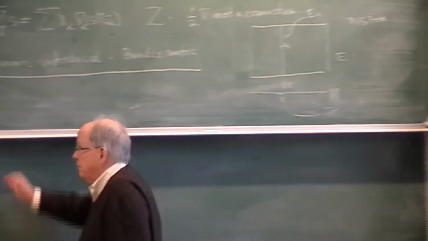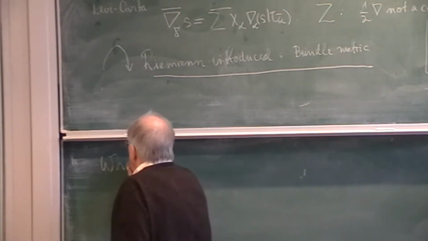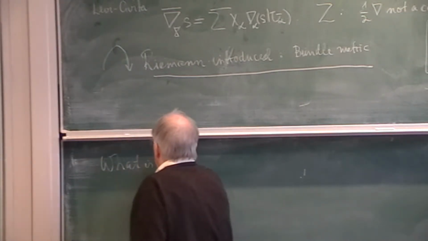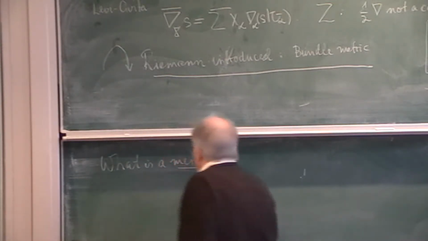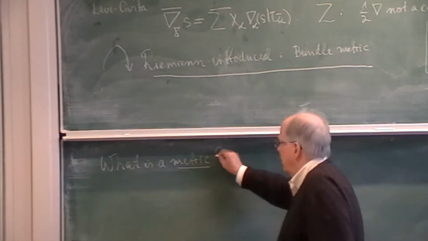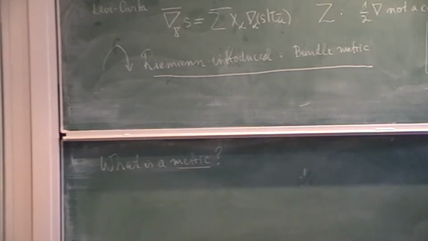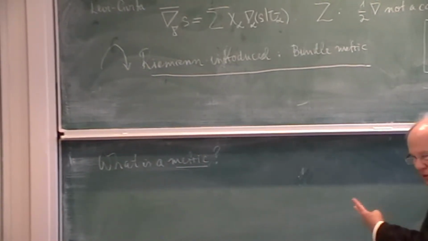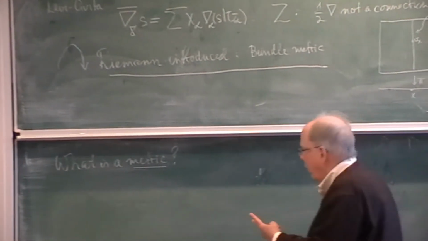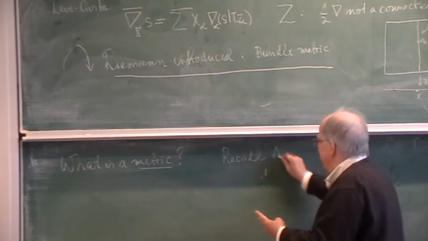Now, the question is, what is a metric? Now, the trouble is with this word metric, it has at least two meanings that are not the same. Okay, so I want to talk about it here. So recall, I just taught the beginning course in analysis.